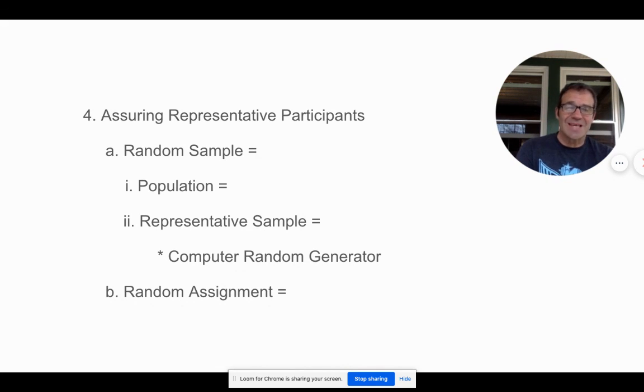So let me give you an example of how we could screw up random assignment. What if the principal at the school was doing the study and they took the first 40 fourth graders that walked into the school? That's not a representative sample, right? Because the first 40 could be different than the last 40, right?